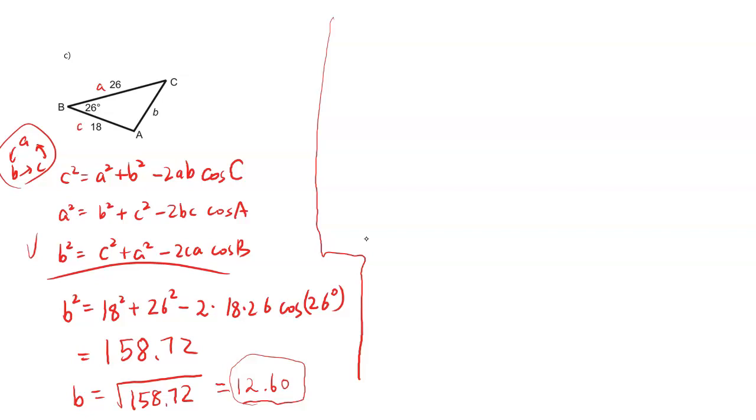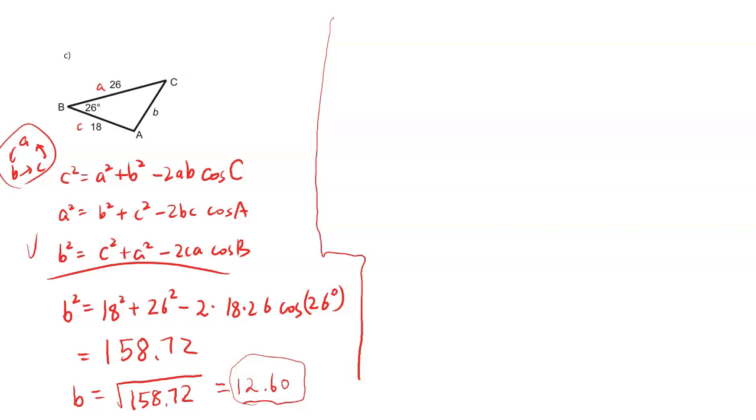See, the thing is, you need to know either angle A or angle C, right? So to get any one of them, you have to take this and solve for the cosine. So let me tell you what I mean.